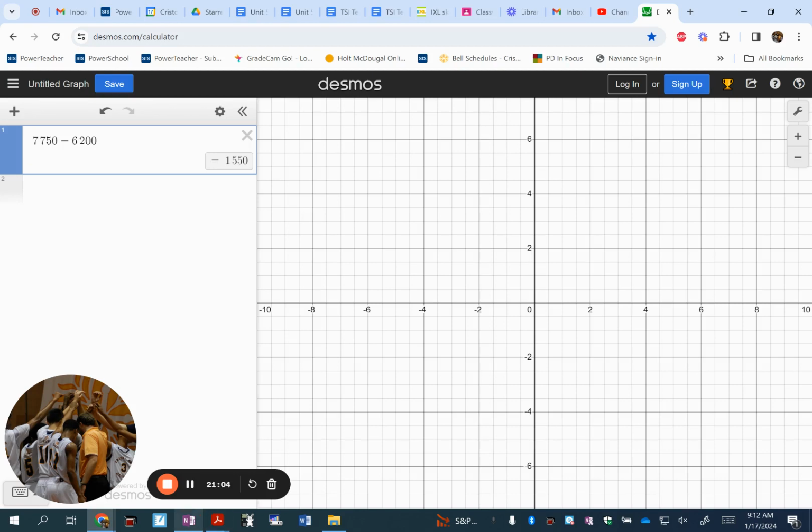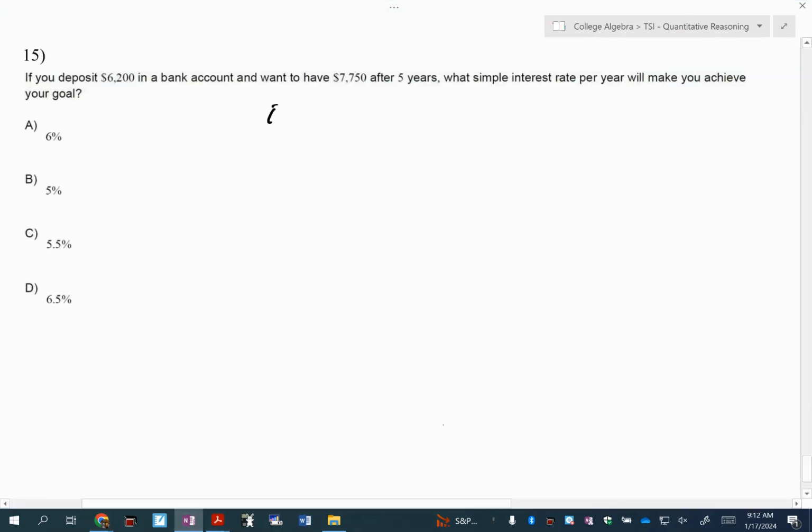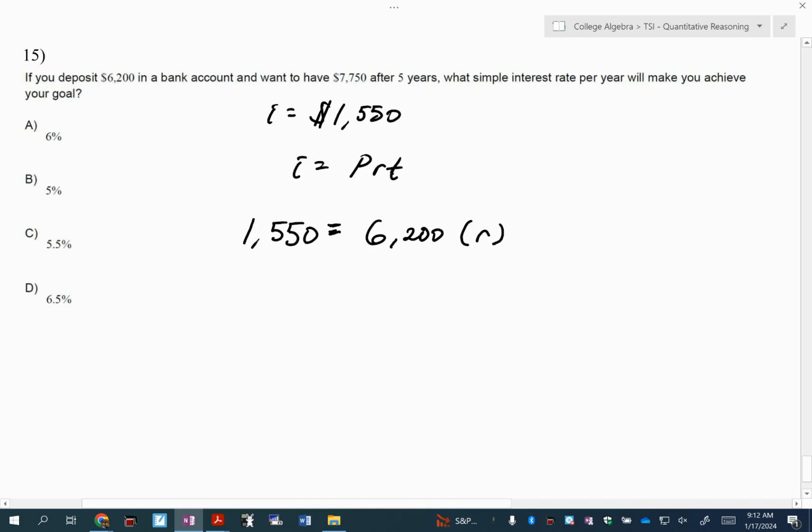So I want to have interest of 1,550. So my simple interest is 1,550. If I use that same formula, I'm depositing 6,200 into the account. I'm trying to find the rate, and in terms of time, I'm doing 5 years.